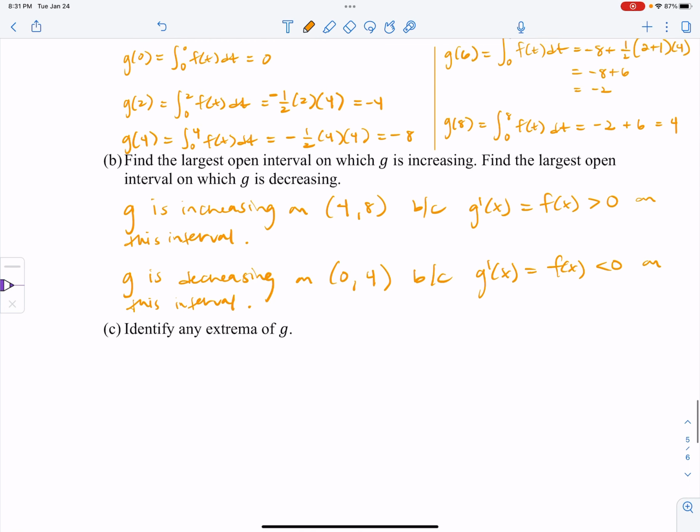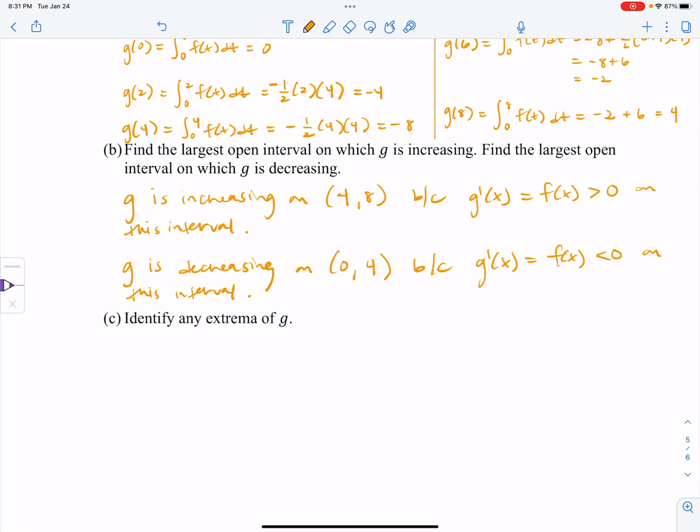Okay, and then identifying any extrema, well, g changes from decreasing to increasing at 4. So that means that there would be a minimum at x equals 4. So g has a minimum at x equals 4.